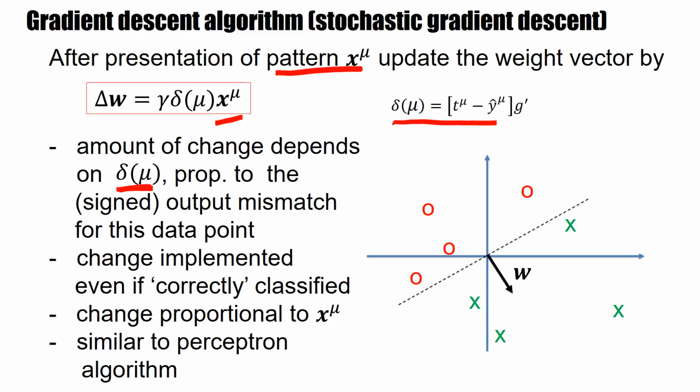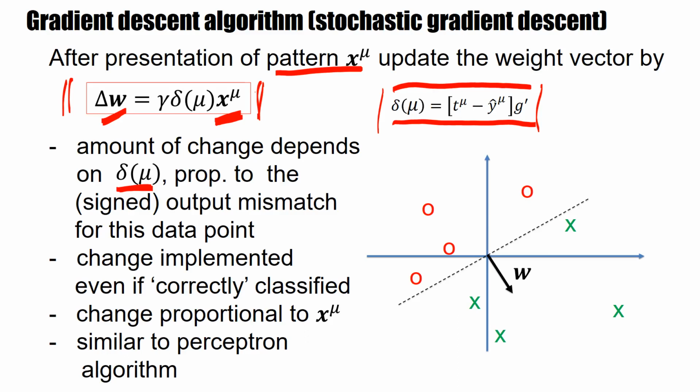And that's what we just saw. Delta mu is T mu minus y hat mu times G prime. But I'm interested in this vector interpretation. So the change of the weight vector is proportional to the data point that's applied. And this change is always implemented whenever I have a non-zero value of delta mu.